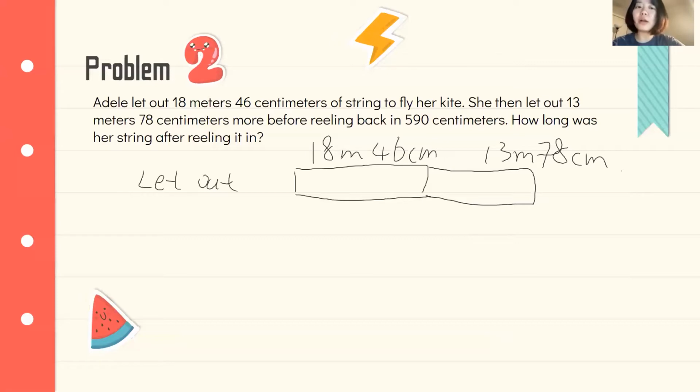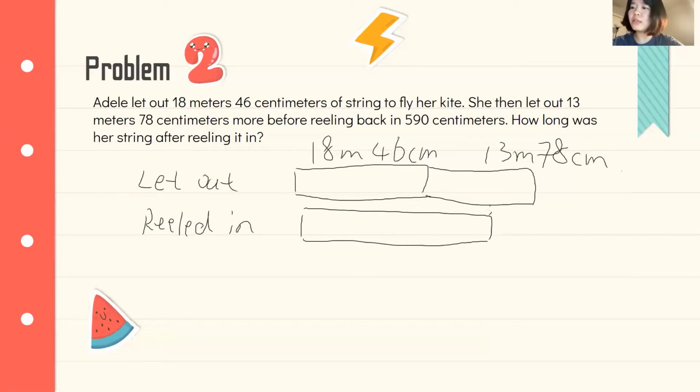The next thing I know from the problem is she reeled back in 590 centimeters, but we don't know how much distance is left in. I will draw another diagram to represent this, which is for our final question. Reeled in 590 centimeters is this extra part. And this bar, I will name it letter S for our final question, which is how long was her string after reeling it in? So we can start solving our question.